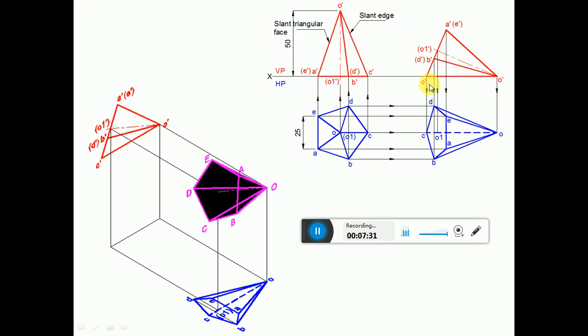Now we need to draw the top view. Since we need to draw the top view, draw vertical projectors from O dash, O1 dash and C dash. So draw a vertical projector from C dash to meet at the point C here.